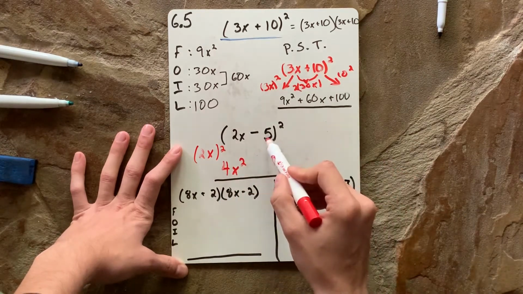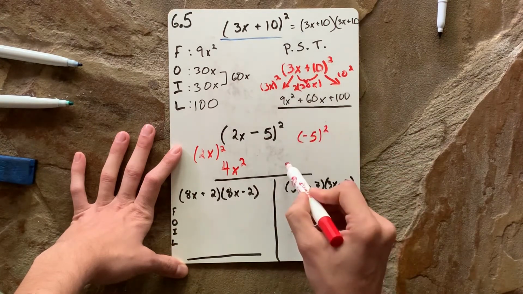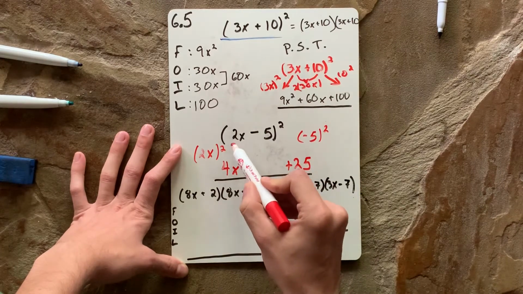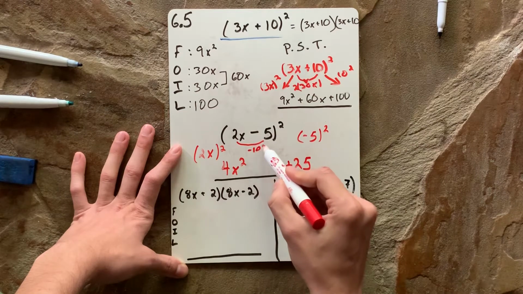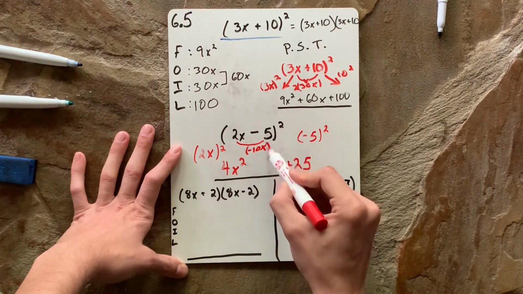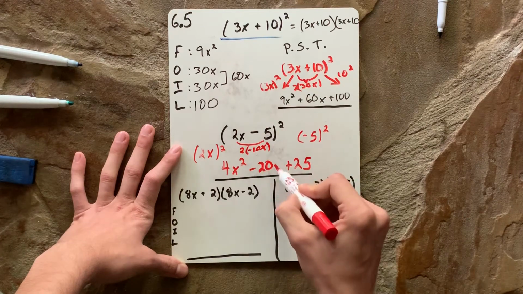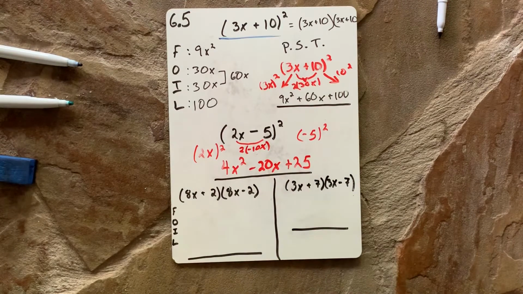If I take negative 5 and I square it, I'm going to get positive 25. And then I'm going to multiply them together. So 2x times negative 5 would be negative 10x. But then I have to double it. So that would give me negative 20x. So my answer, 4x squared minus 20x plus 25.